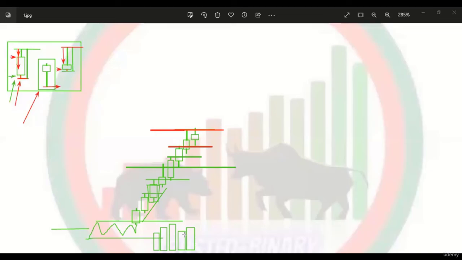If the volume is like this type, it's a little tricky, but try to understand. Volume is high, so there is more possibility sellers may enter in the market. From here, sellers may enter in the market after rejection.